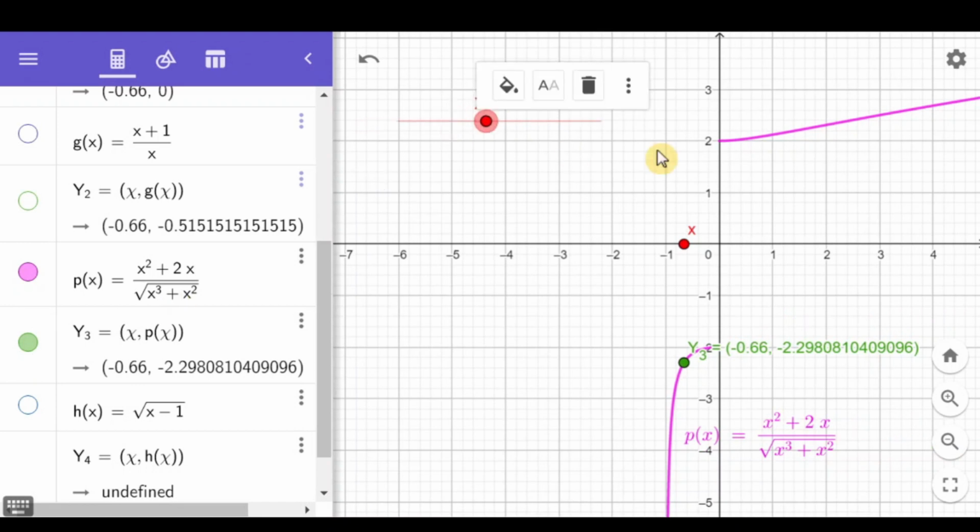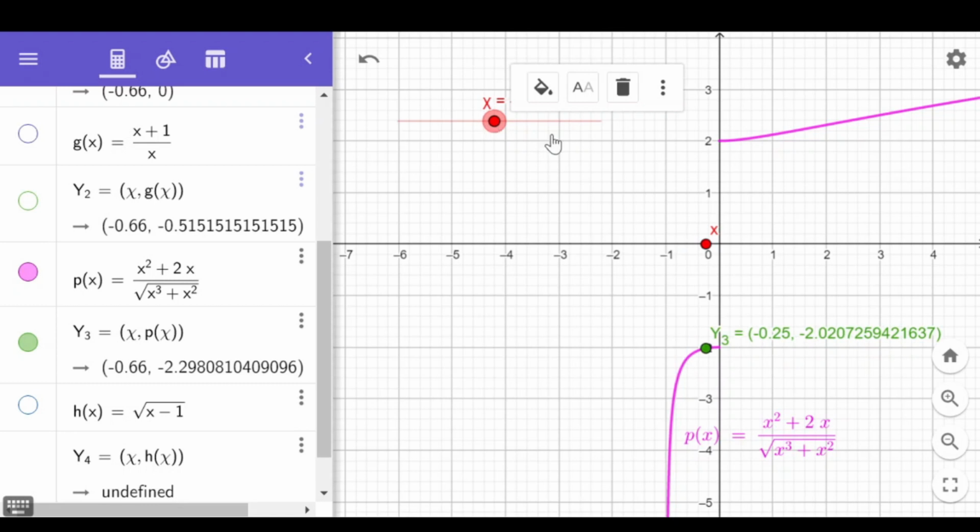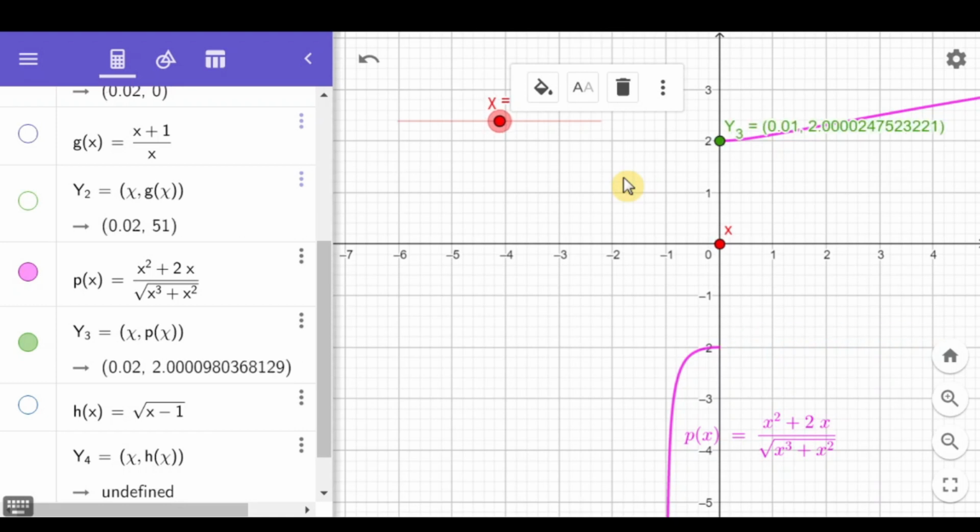So, x is at, malapit pa natin. Yes, negative 0.18, negative 0.15, malapit na tayo sa 0.